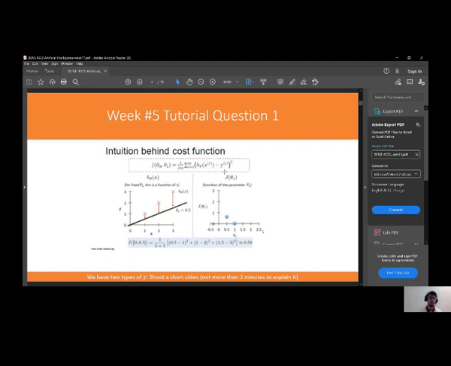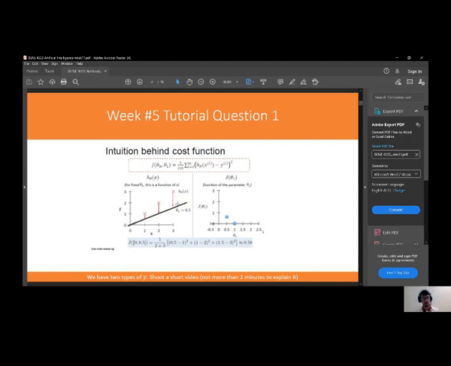So from here, what I can explain about the two graphs in tutorial question 1. It shows us that there are 3 input and 3 output data sets located at these points here, 1, 2, 3, indicated as h-hat of x.